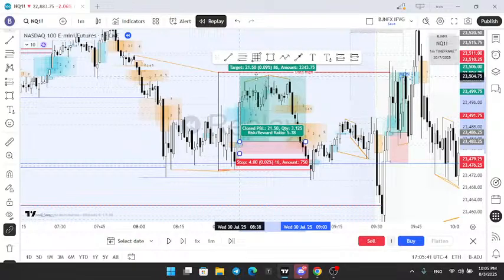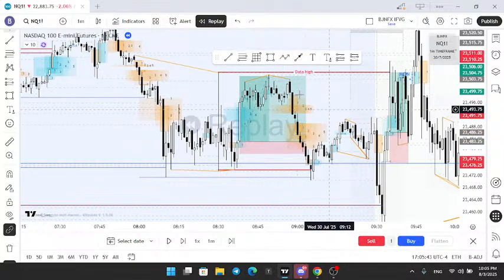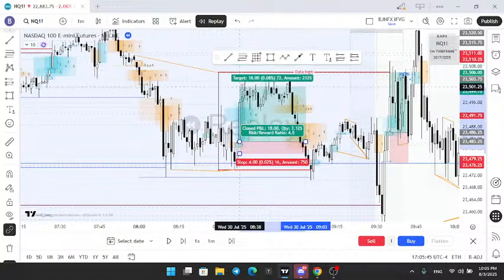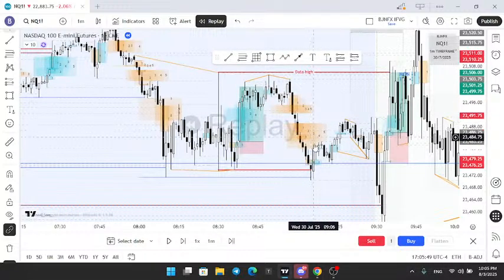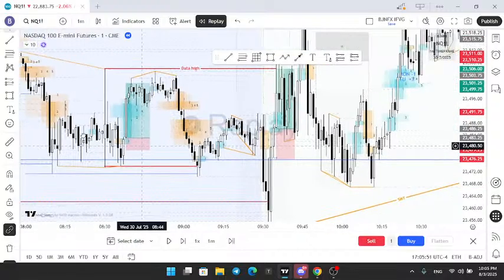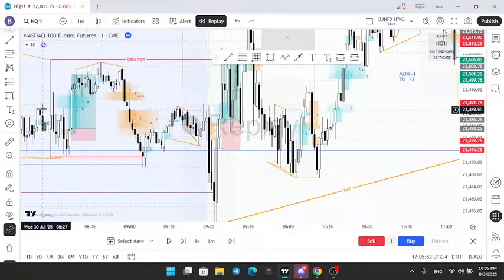I have a size filter, but when I'm trading the news, I will always be more aggressive because the setup has a higher win rate.